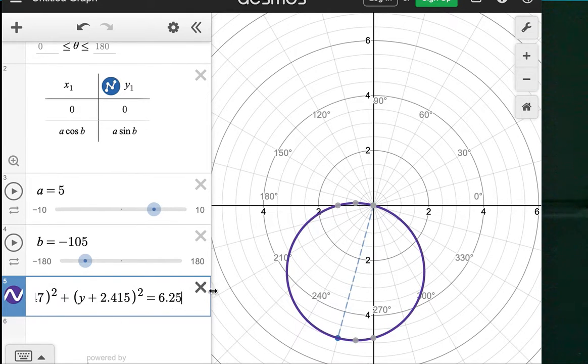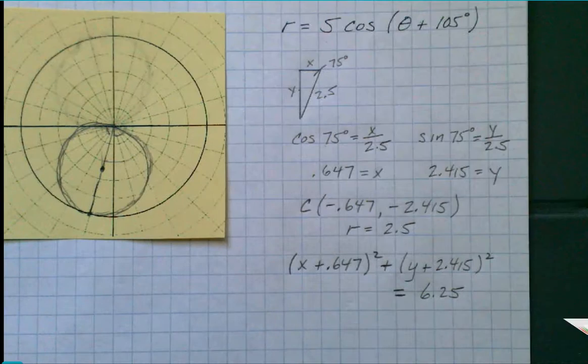And there it is. It sits right on top. I'm going to shut that off. And so there it was originally in polar, and then in Cartesian, it's sitting right on top. So I feel like I have a pretty good answer there in terms of the Cartesian method.